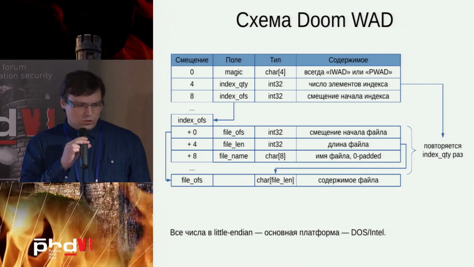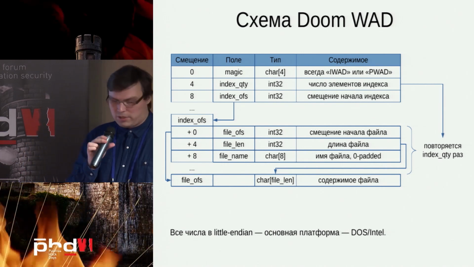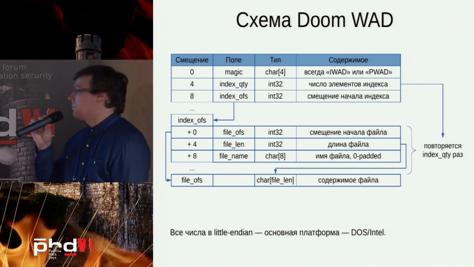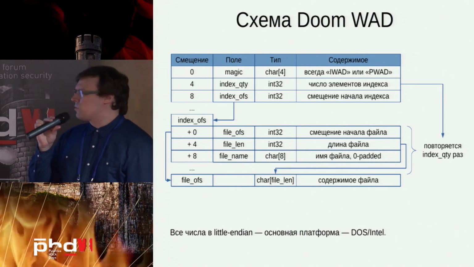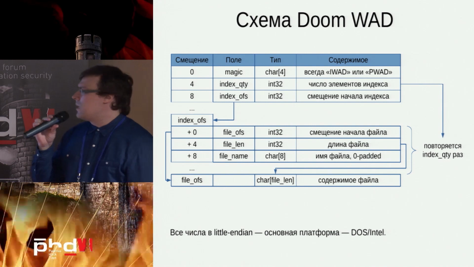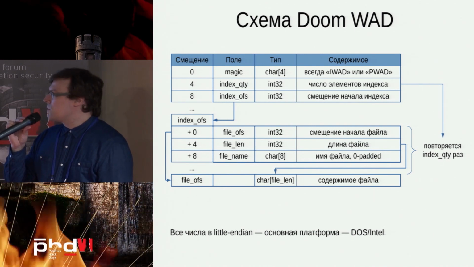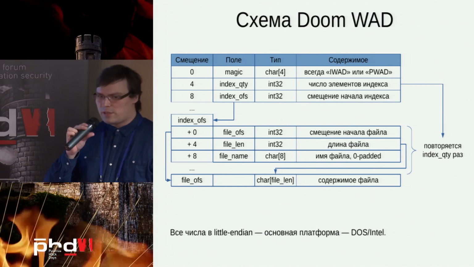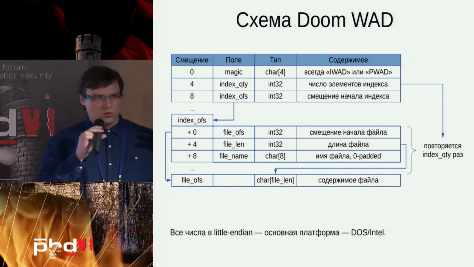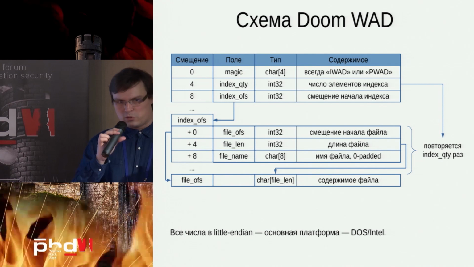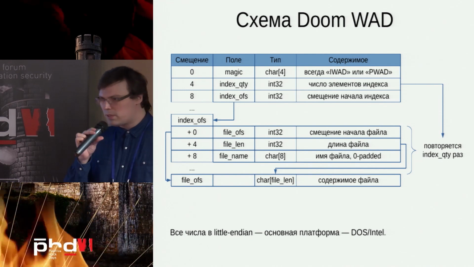Then in the header, we see a 4-byte field with our index elements, or the number of files in our container. There is also a shift indicator, the index offset. The index itself is not directly linked with the header.